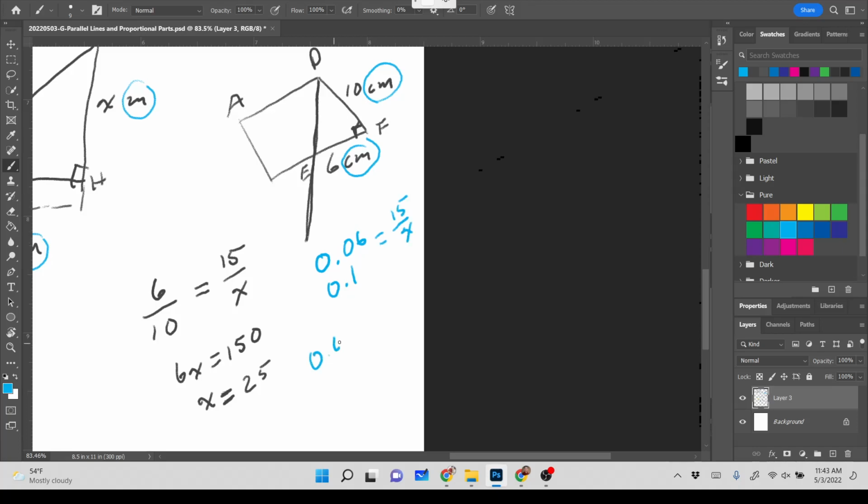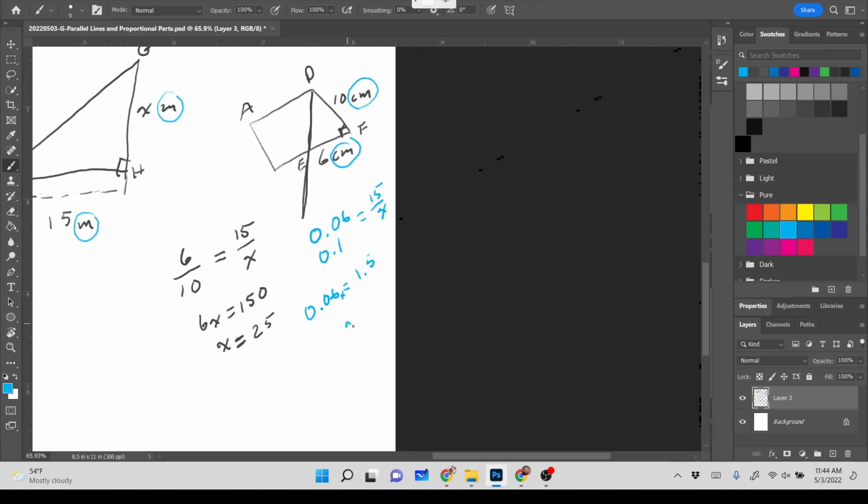So 0.06 x equals 1.5, right? And then we divide that, and we end up with what? I suspect we're going to end up with the same thing, but go ahead and punch it. Yeah, 25. So it's still wrong.